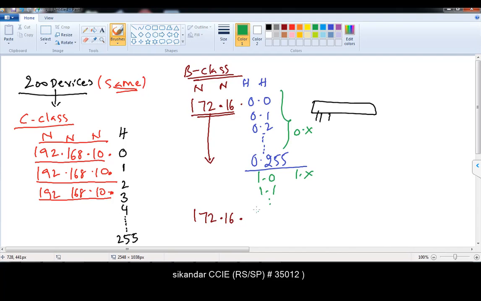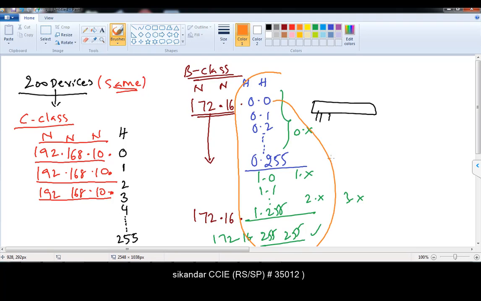So 1.1, 1.2, up to 1.255, and then 2.x, 3.x, 4.x, up to a maximum of 172.16.255.255. If you count the total number of addresses, we are adding 256 times 256, so it goes to around 65,536 addresses.